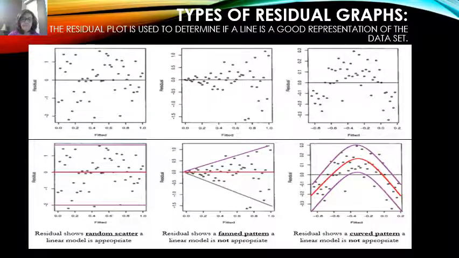This first one, we'll call graph number 1. You can tell that it's just random all over the place. When you're doing your line of best fit, you want it to go through the middle of your data, evenly dispersed on the top and the bottom.